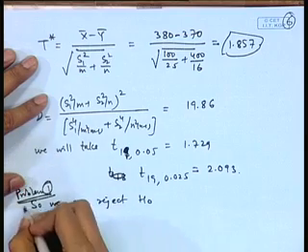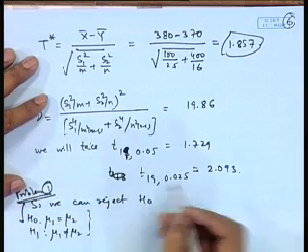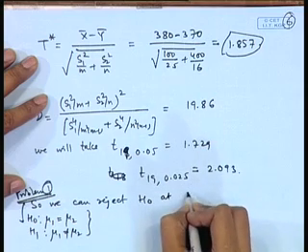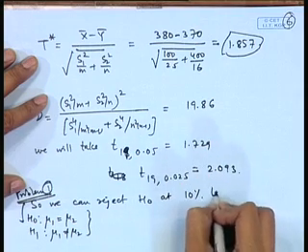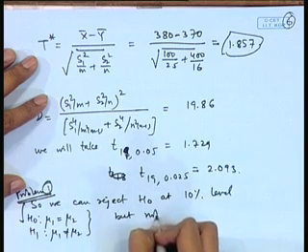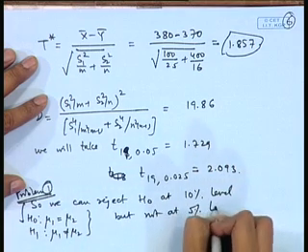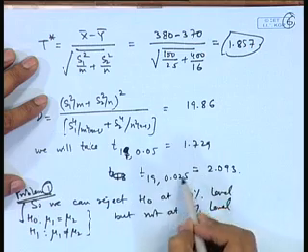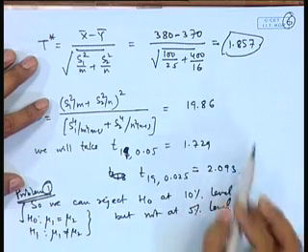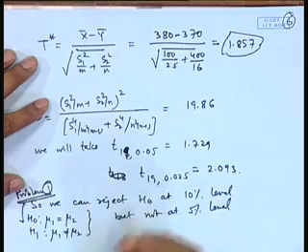If I am considering this, then we can reject H naught at 10% level, but not at 5% level, because at 5% level t alpha by 2 value will be 0.025, that is 2.093, which is larger than this.